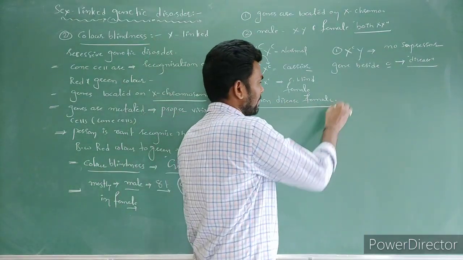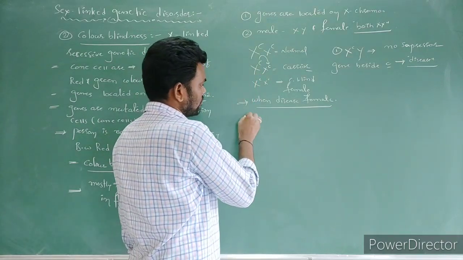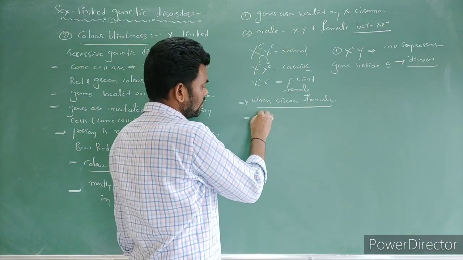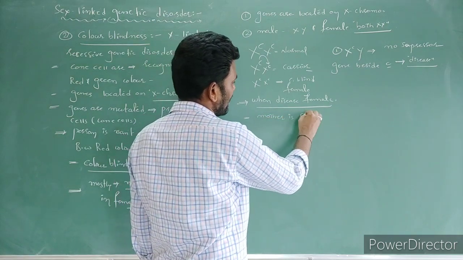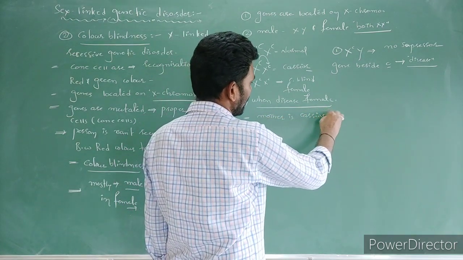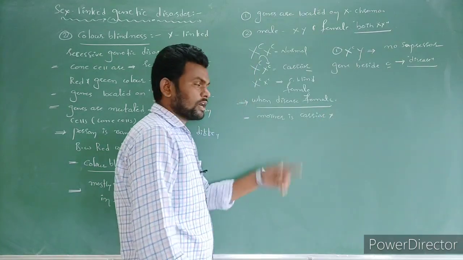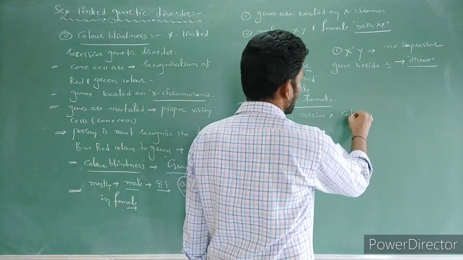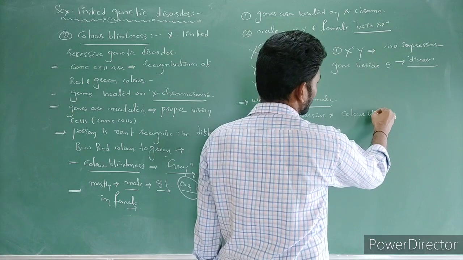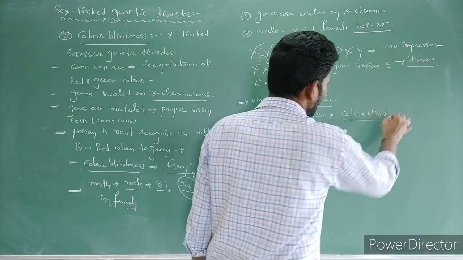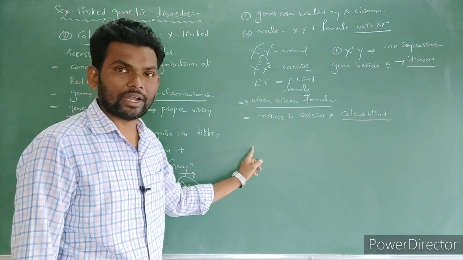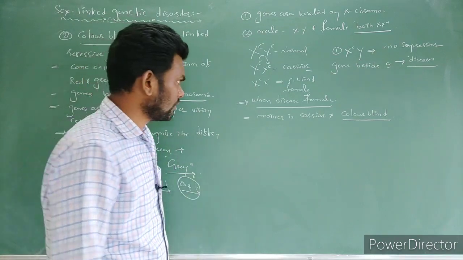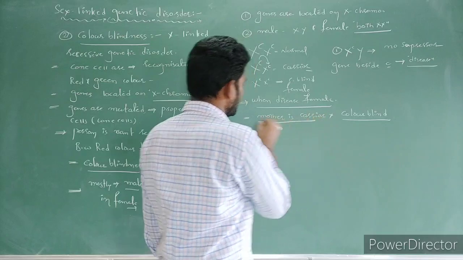When the mother is a carrier and her father is color blind. In such a case, there is a chance for formation of a color blind female baby. Okay, so this is the only question asked in the exam.